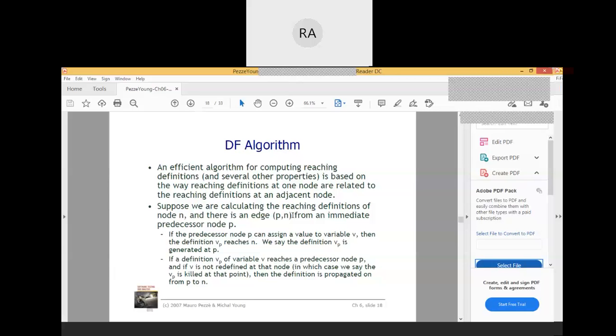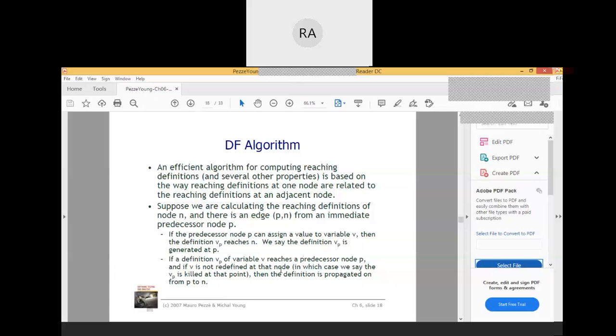Then the definition vp reaches n. We say that definition vp is generated at p. If definition vp of a variable v reaches a predecessor node p and v is not redefined at that node, then the definition is propagated from p to n.